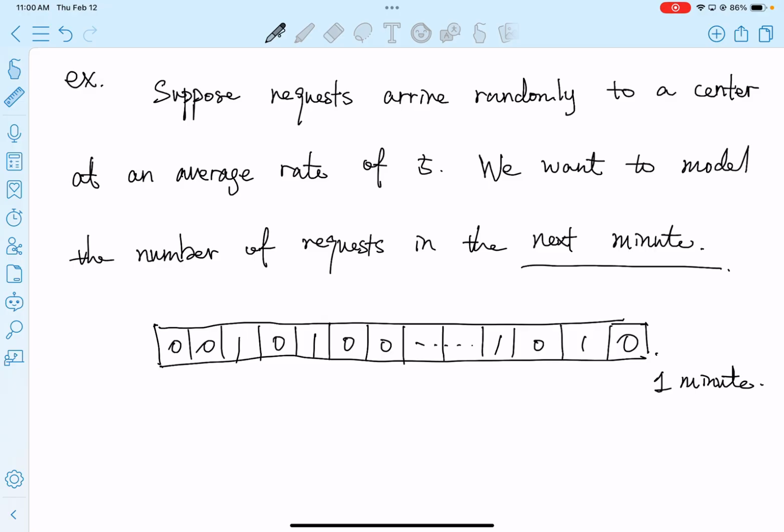When we look at the problem from this perspective, breaking 1 minute into 60 seconds and counting at which second we receive a request, we are essentially converting this problem back into a binomial random variable. It's like flipping a coin at the first location and you get a 0, then flipping a second coin at the second location and you get a 0.